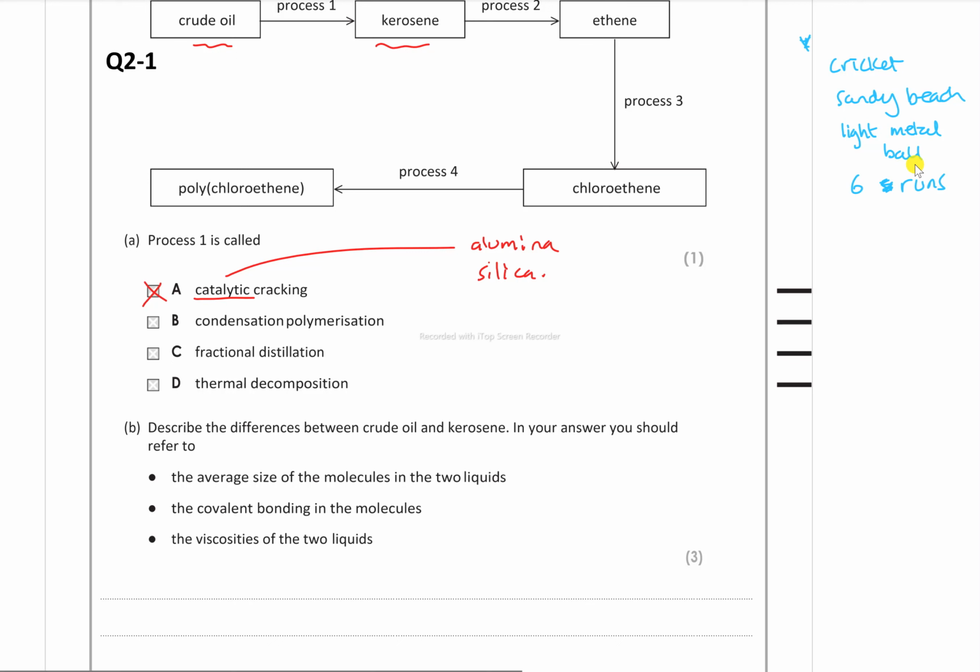Sand, silica is one catalyst. Light metal, I know is aluminium, so I remember alumina. Silicon dioxide, aluminium oxide. Remember it's aluminium, not aluminum, as our friends across the pond say. And when they hit it for 6 runs, I remember 600 degrees Celsius.